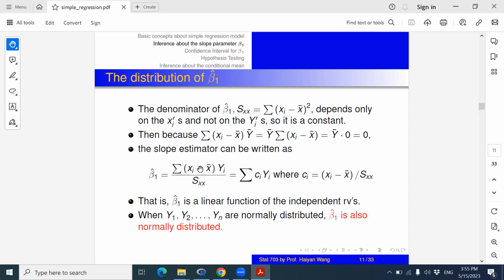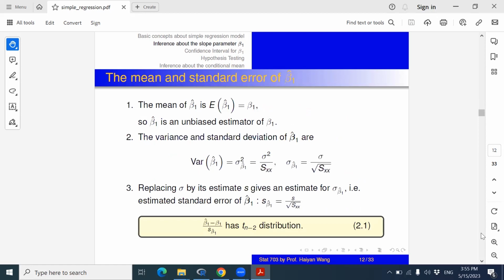And when you consider the sum of the squared coefficients, you'll realize that it is simply 1 over sxx. Therefore, the variance of beta 1 hat is equal to sigma squared over sxx. What does this really say? Before we move on, when we take the square root, we'll get the standard error of beta 1 hat.